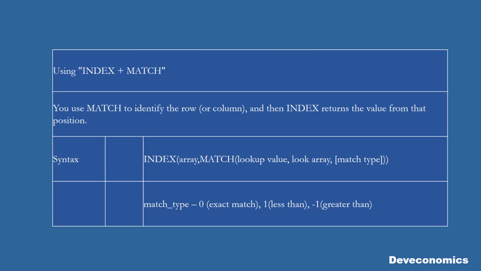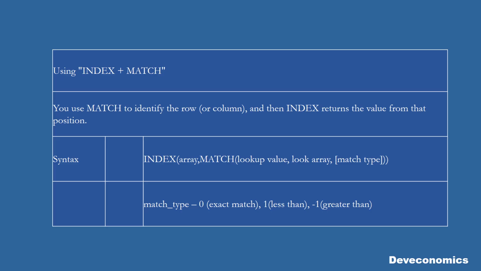Now let's look at how to use INDEX and MATCH together. You use MATCH to identify the row or column and then INDEX to return the value from that position.